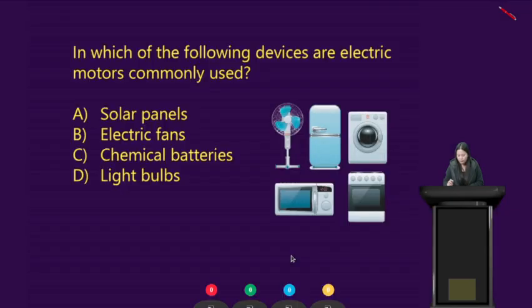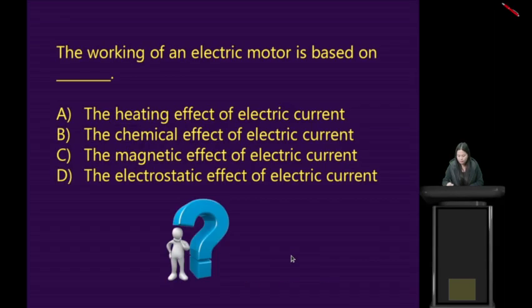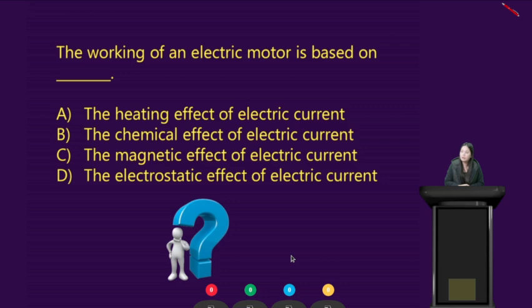Alright students, we have another question. The question is, the working of an electric motor is based on which of the following? I'm giving you 20 seconds for this question. Your time starts now.